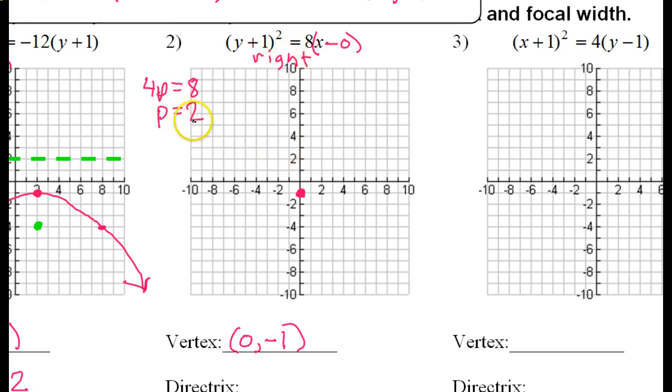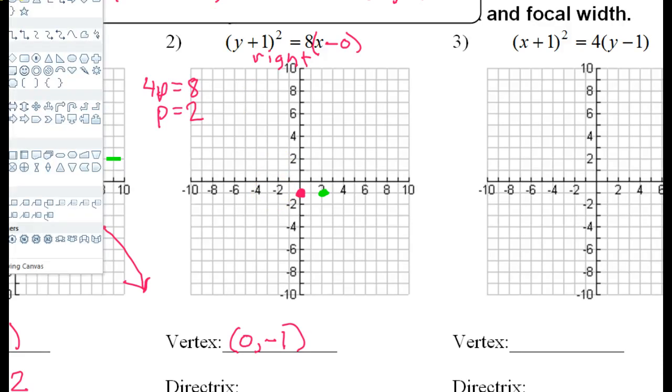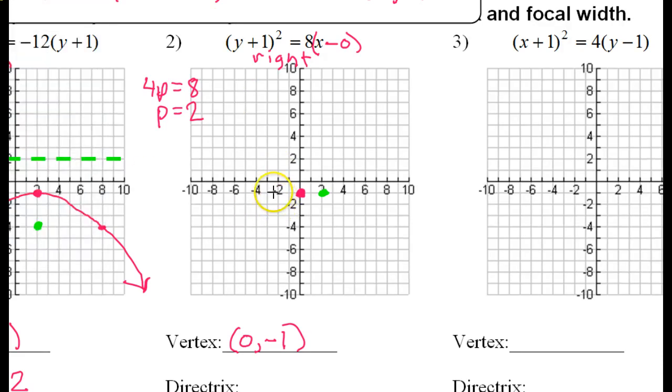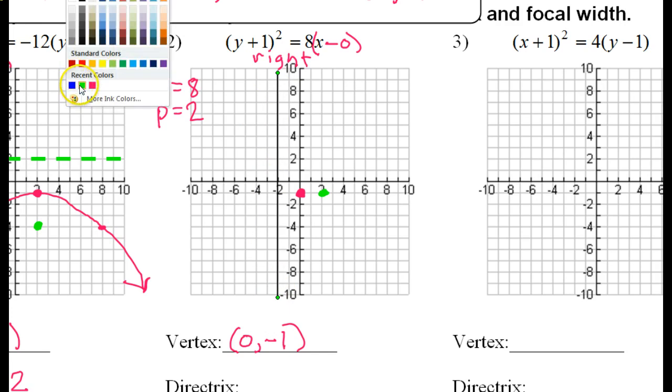So now I know I'm going to go to the right 2, starting from the vertex. So to the right 2 puts me here. So that's my focus. If I go to the other side, that tells me my directrix. So the directrix must be 2 to the left over here. Okay, so here's my directrix.